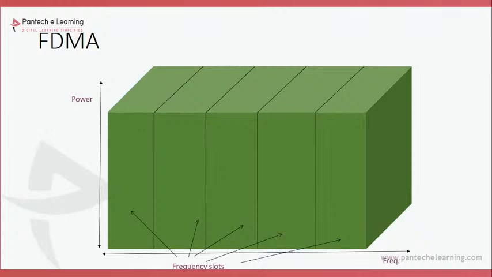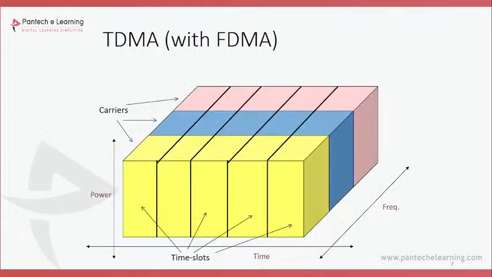Then the TDMA method. TDMA is time division multiple access. Compared to FDMA, it's a little more complex technology because it requires accurate synchronization between the transmitter and the receiver. It's also used in digital mobile radio systems.